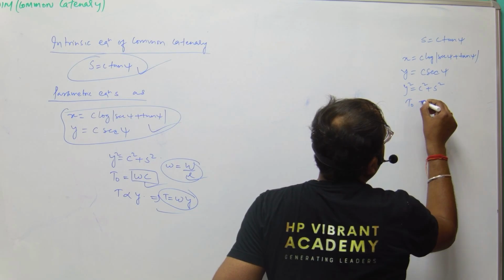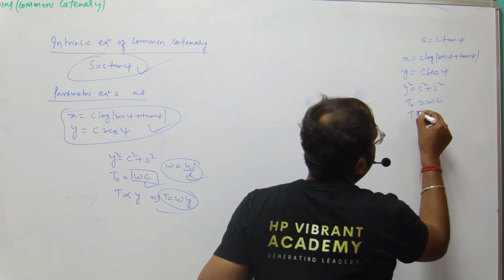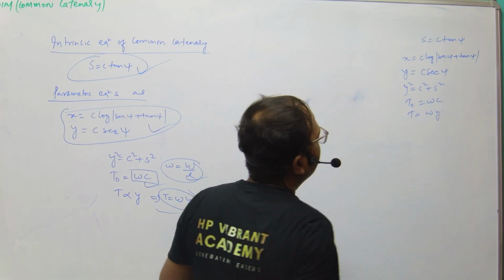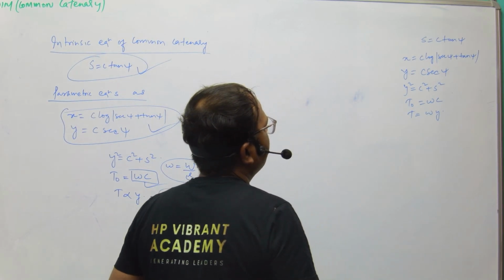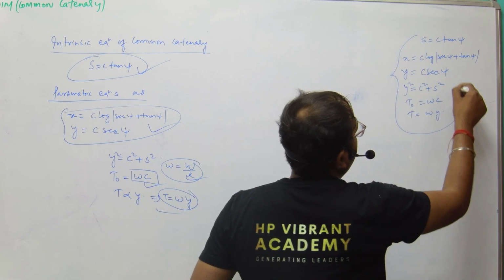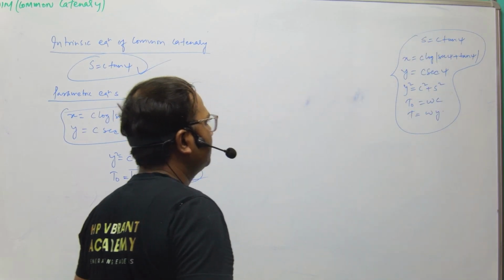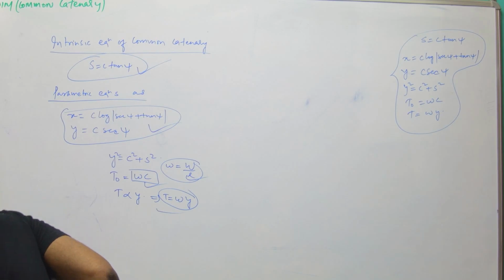We have T naught = wc and T = wy. These are the relations that are required for solving the problems based on the strings in 2 dimensions. So let us solve these questions.